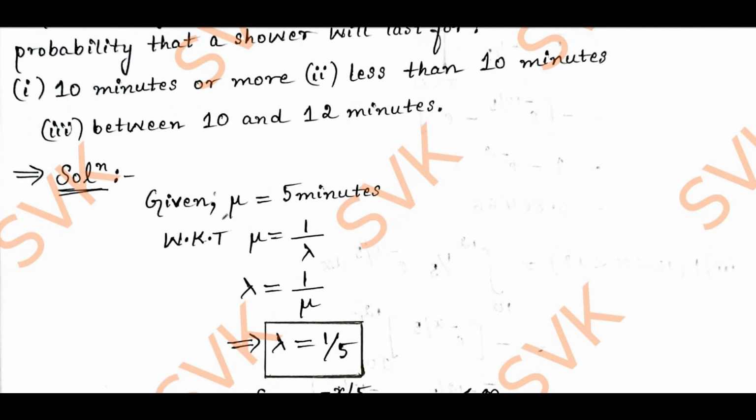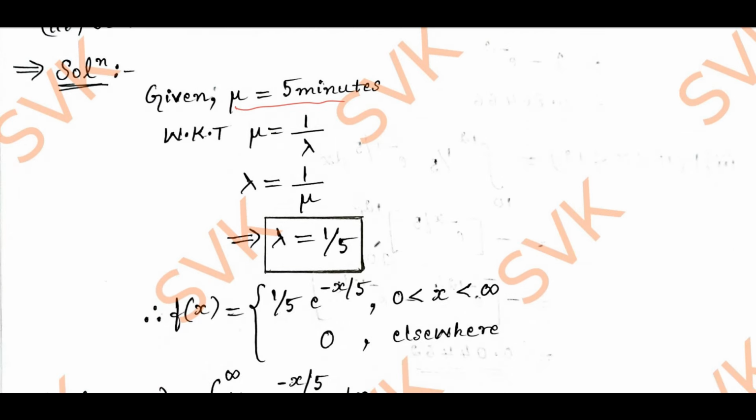Going on to the solution, they have given mu equal to 5. We know that mu is equal to 1 by lambda, so lambda is given by 1 by mu. So I will get the value of lambda as 1 by 5. Substitute that value in the formula.